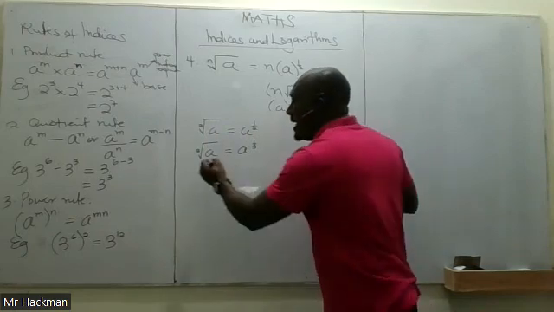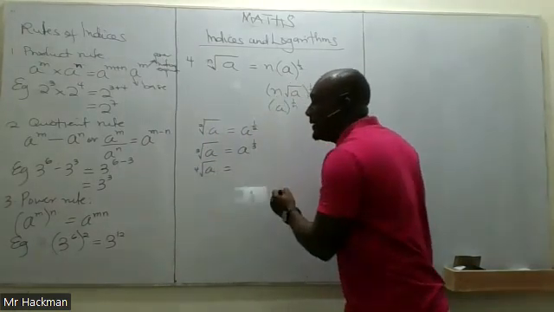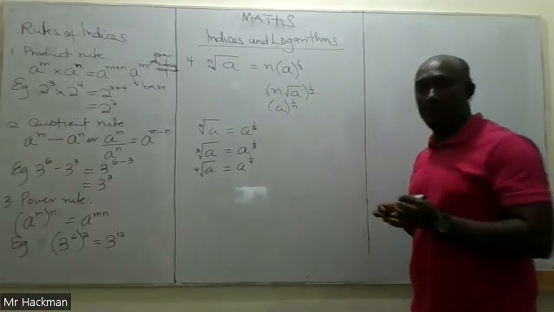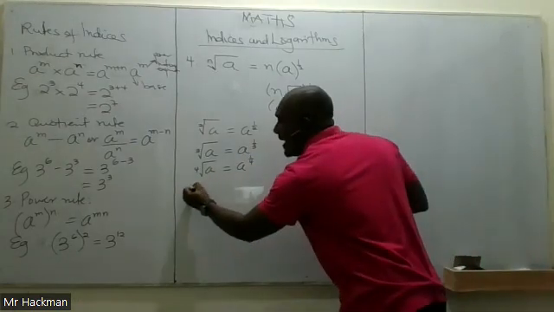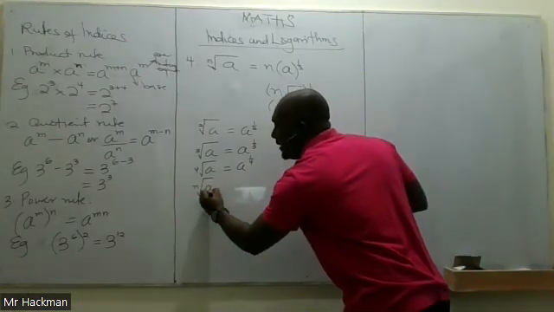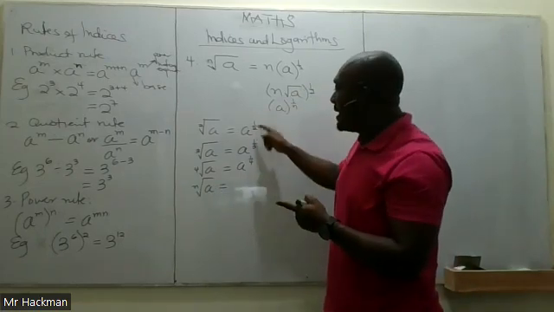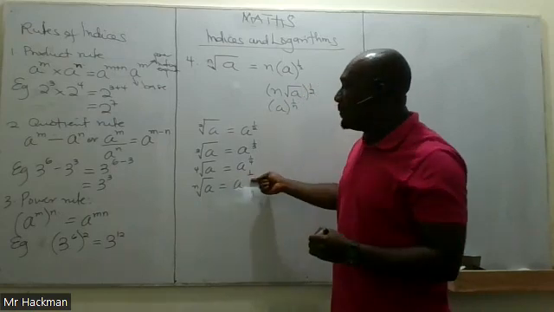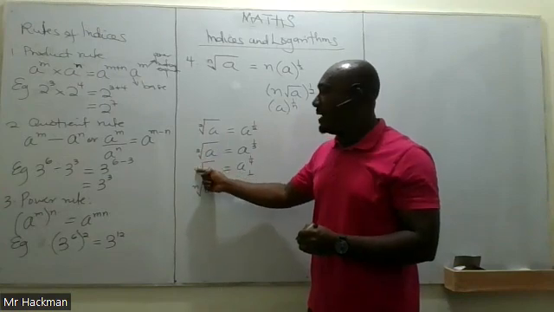Here, if I take the fourth root of a, this will give me a to the power 1 over 4. Do you agree? Yes, please. So if I have the nth root of a, study the pattern carefully: all of them give you 1 over something, but that something becomes the index that we have here.